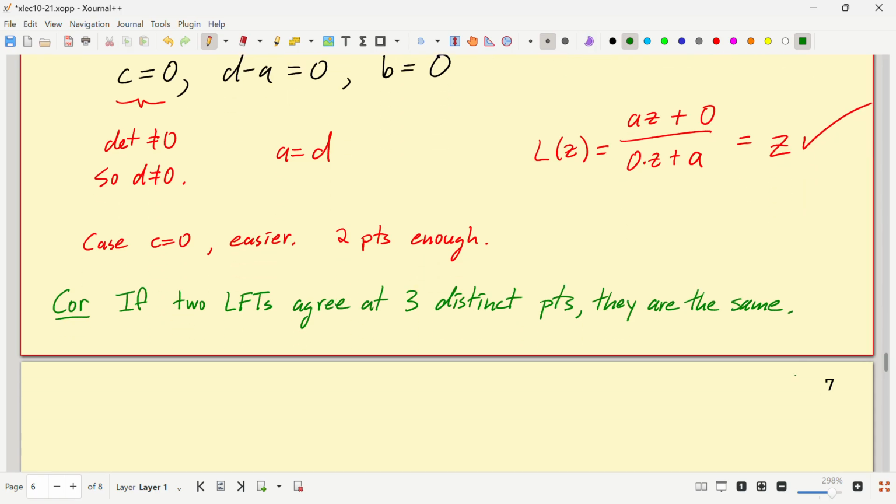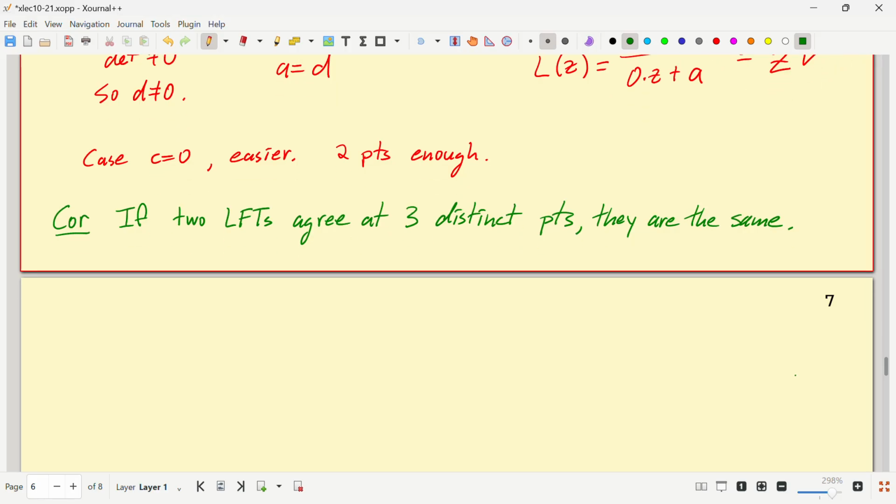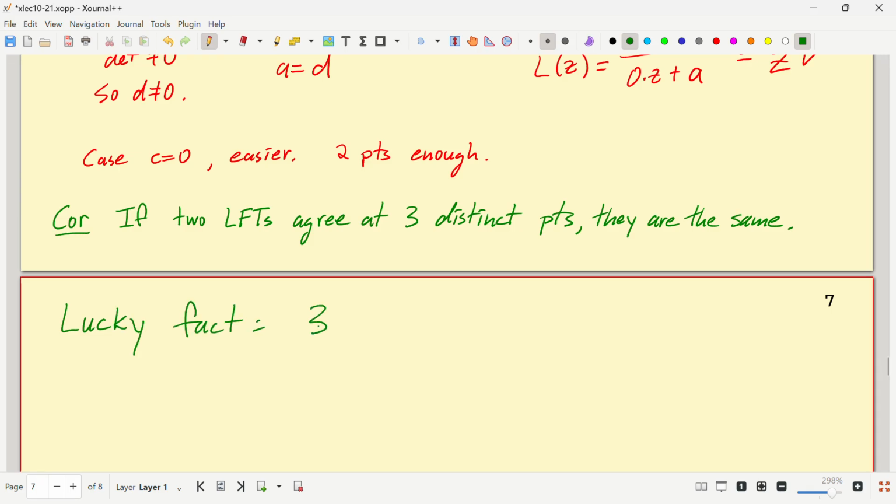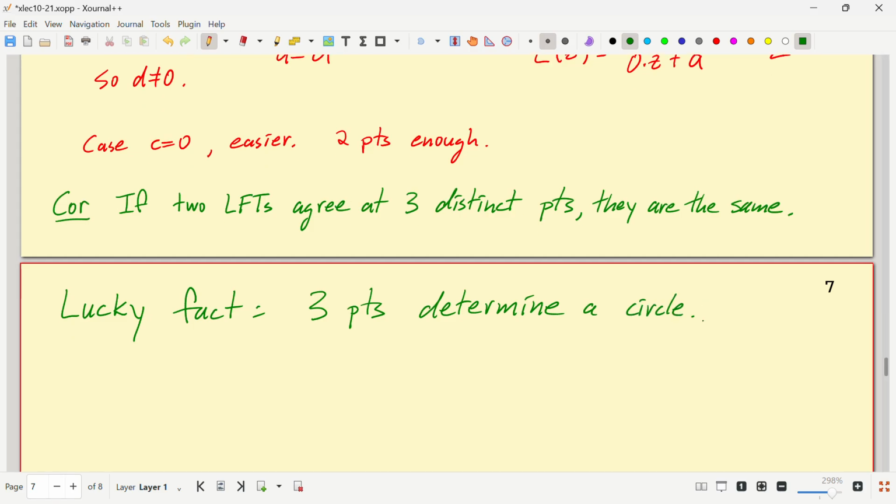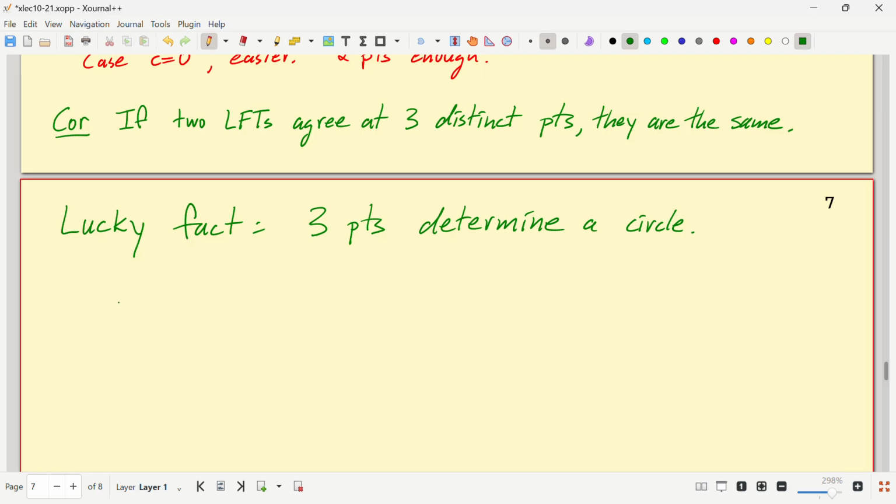Well, it's a lucky coincidence that 3 points determine a circle. Three points determine a circle. And 2 points determine a line. So 2 points in C plus the point at infinity, that's 3 points, determine a line.